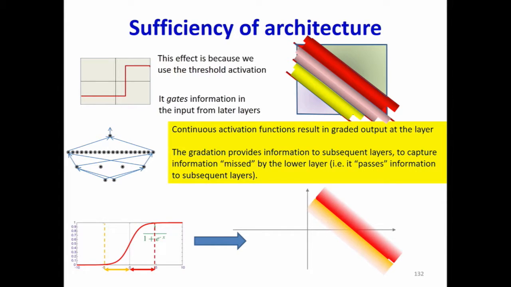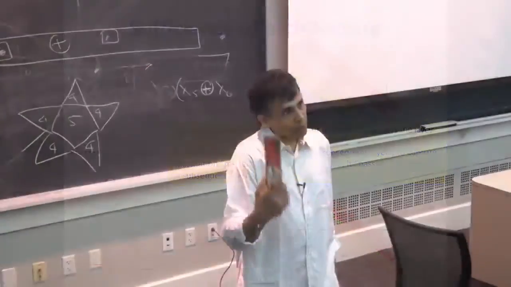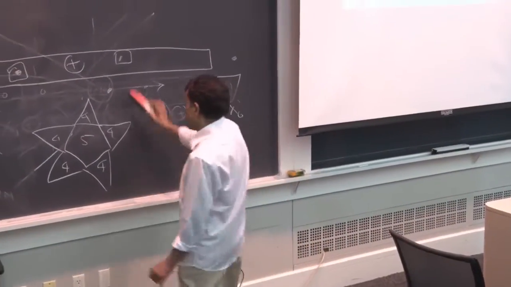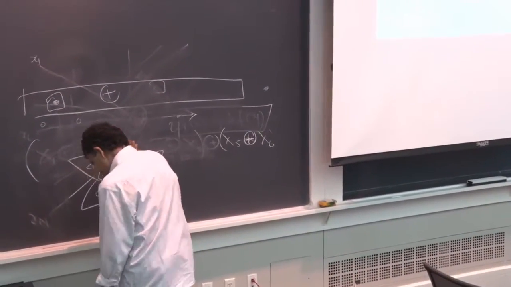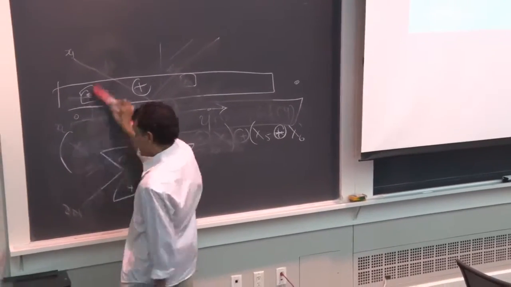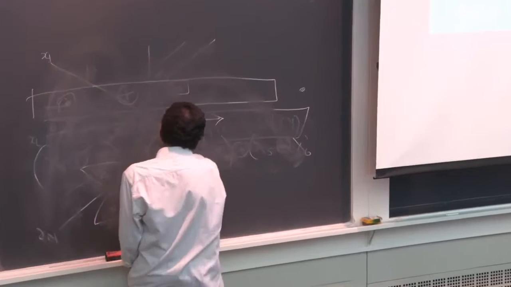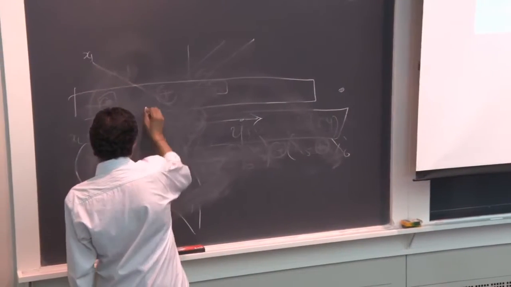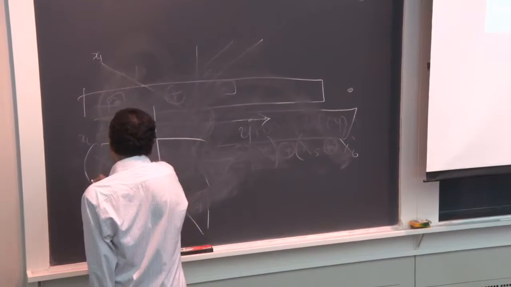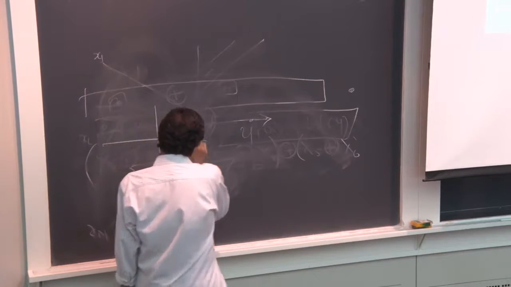And now there's more to it than that. Suppose I decide that I'm going to use fewer than the minimum number of units in the first layer for this particular problem, right? So I give you a choice. So let's say this is my boundary, right?